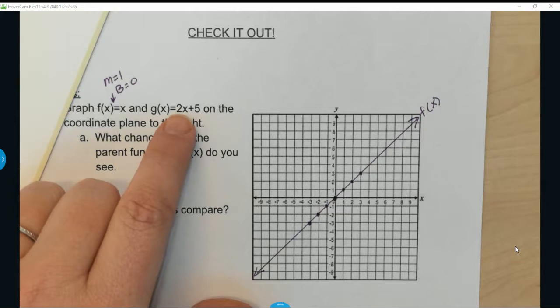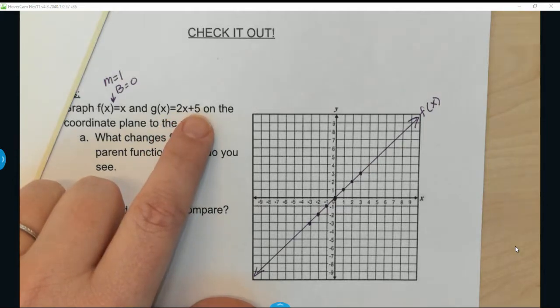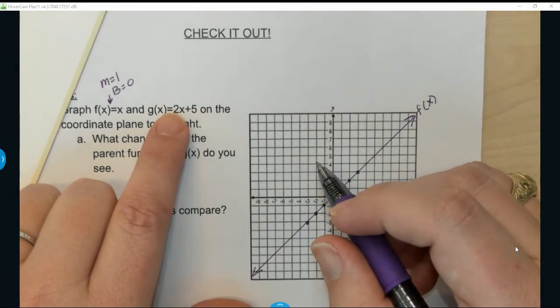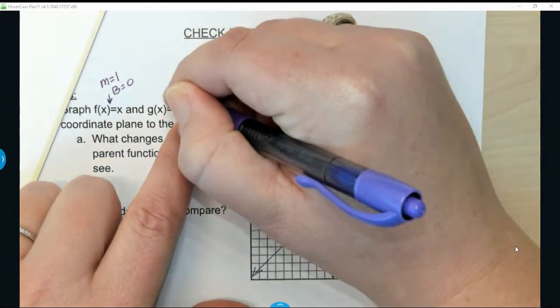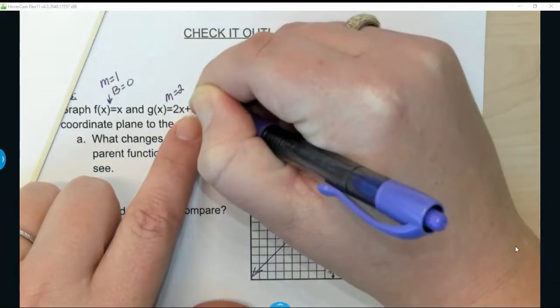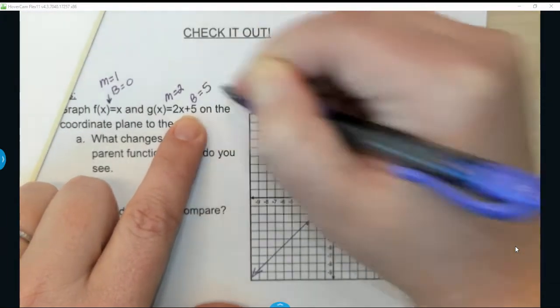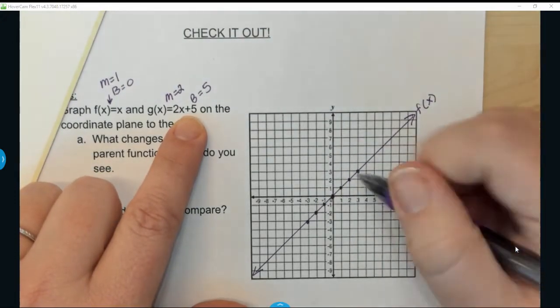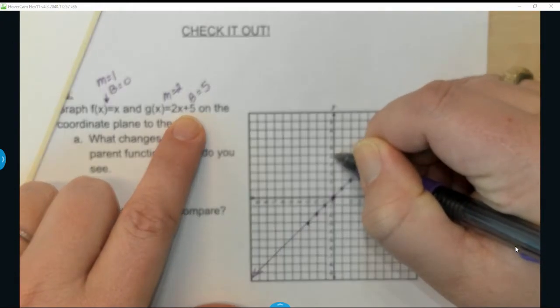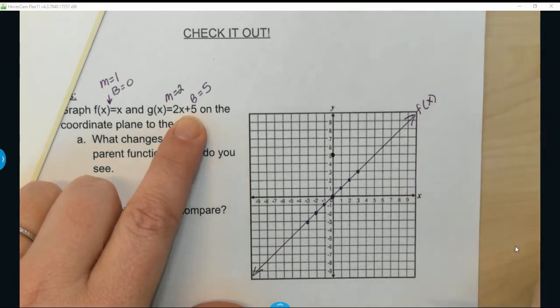G of x equals 2x plus 5. So that means my slope is 2 and my y-intercept is 5. So I will go to 5 on my y-axis. I put a point.